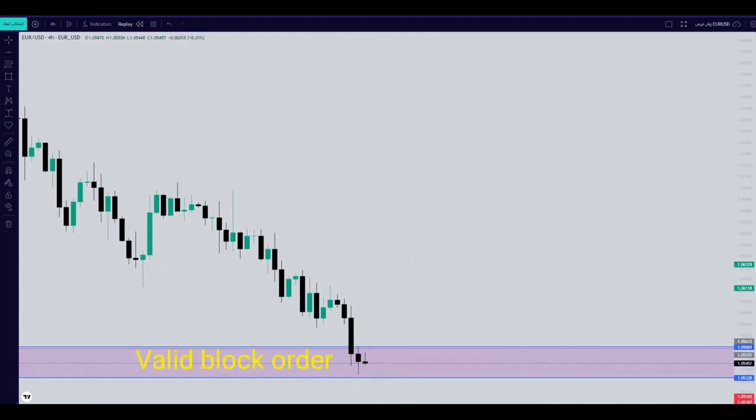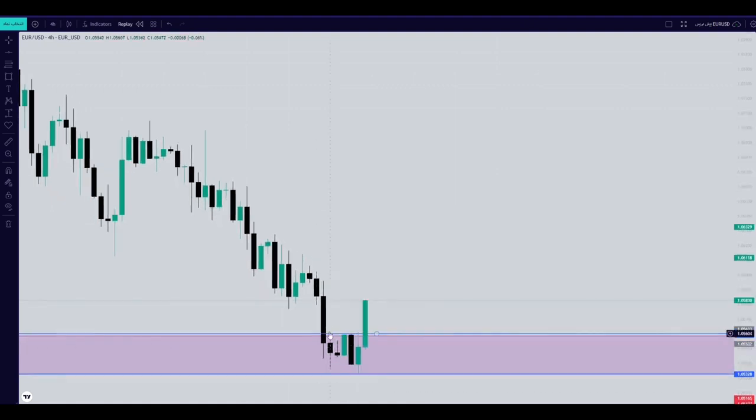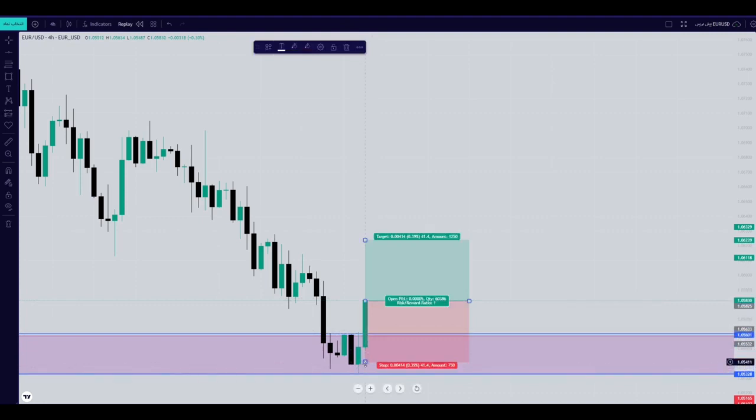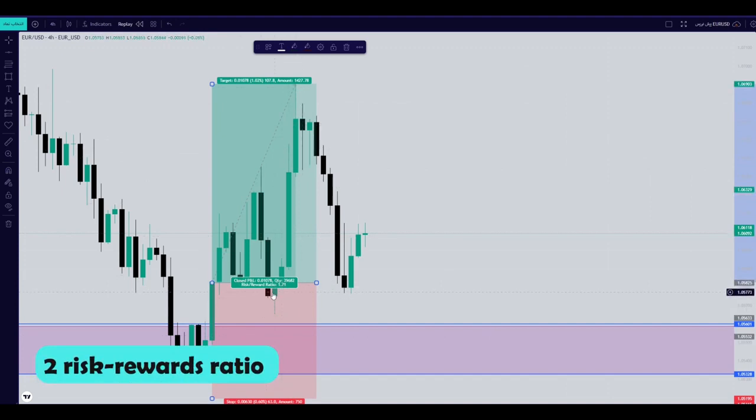Now let's check out its reaction. Here again, the market maker has collected its remaining orders and the candlesticks have gone up with a high ATR. We enter a trade here and set our stop loss under this area. See here, the price went up sharply and gave us profit with a risk-reward ratio of 2.